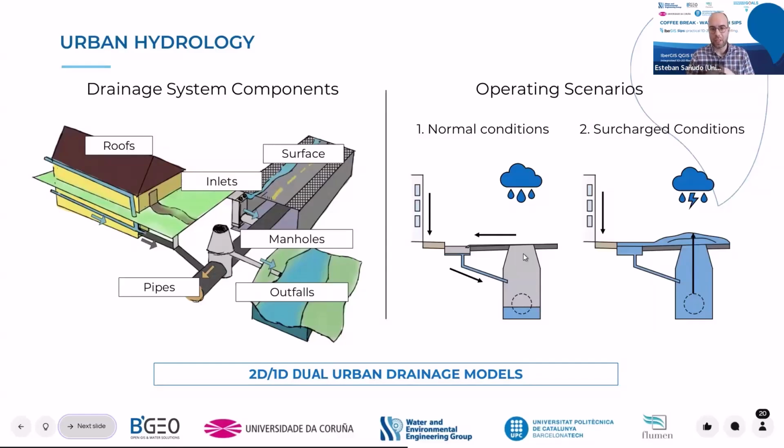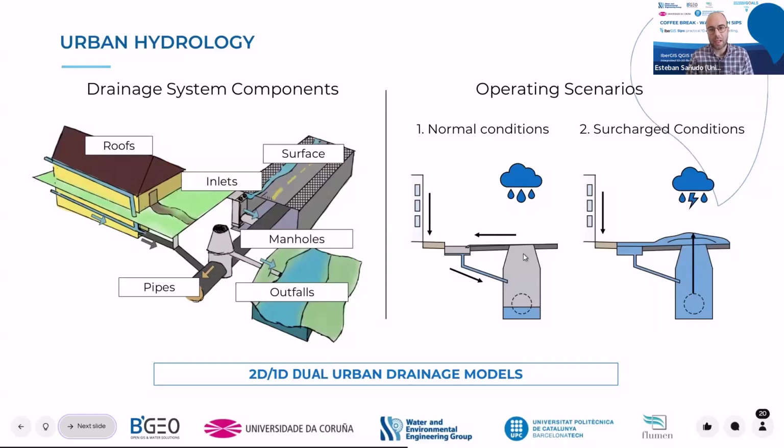So, for example, we have two different scenarios. One scenario is the normal operation condition, when the system is not surcharged and the sewer network is able to drain all the surface runoff.